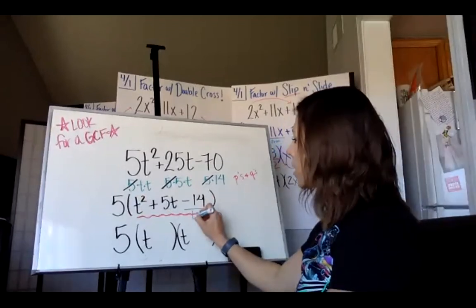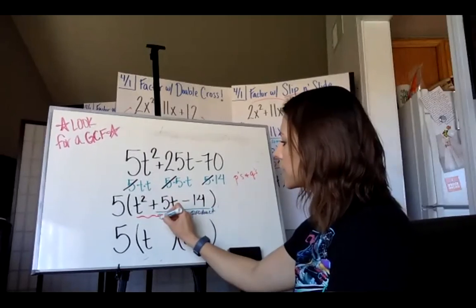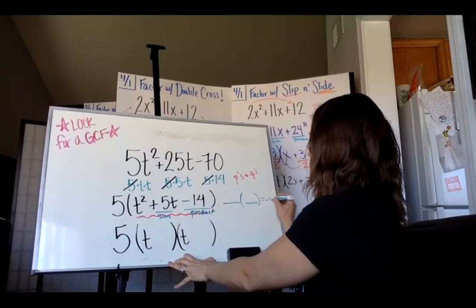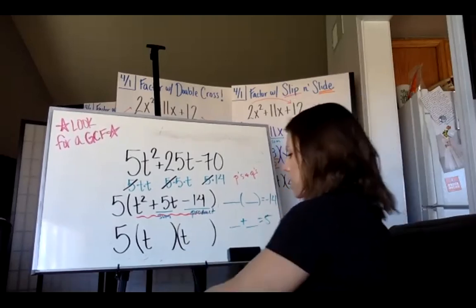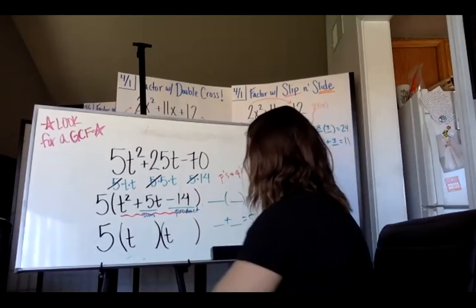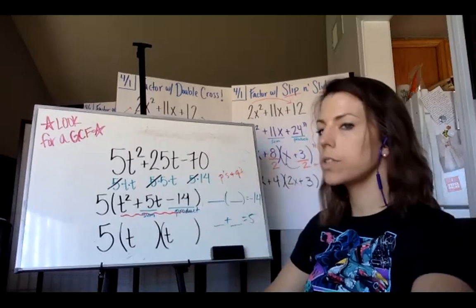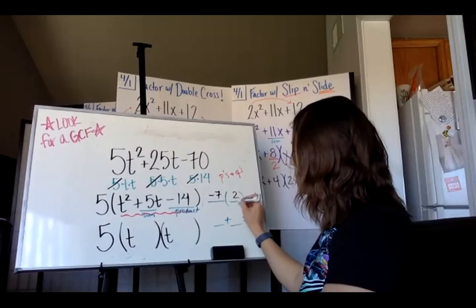What 2 numbers have a product of negative 14 and a sum of 5? So what times what is negative 14, but when I add them, I get 5? 7 and 2 come to mind. So it just becomes which one's positive and which one's negative. So let's try negative 7, positive 2.